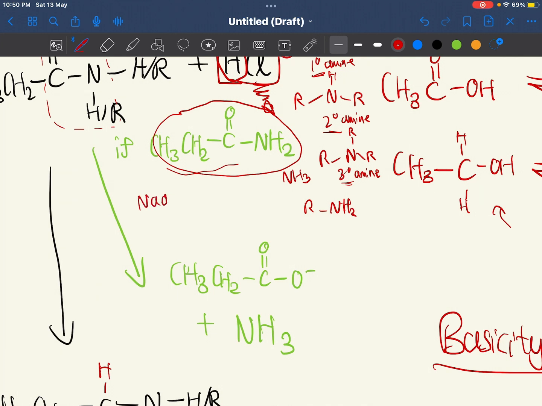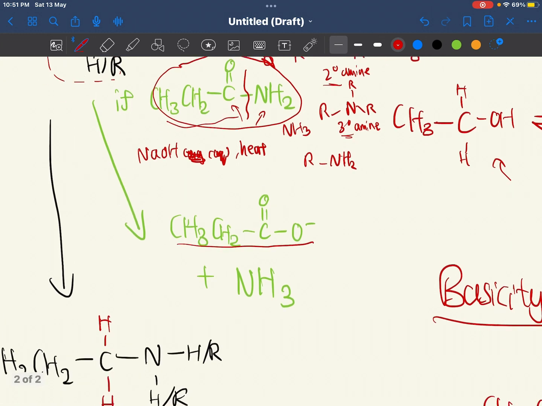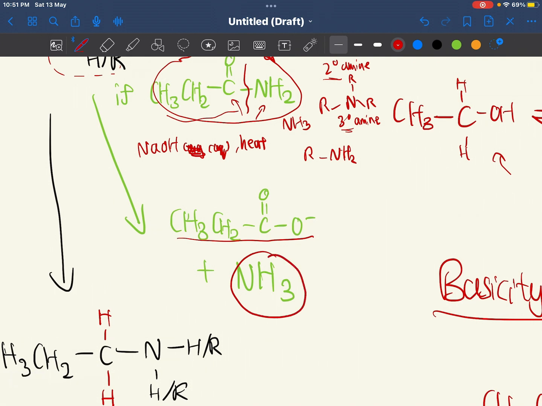All we need to do is add aqueous sodium hydroxide and heat. We're doing an alkaline hydrolysis. It will break this bond, and we add an H back to here, and we have our O to here. So we form CO minus because it's an alkaline medium, and with NH3 gas.